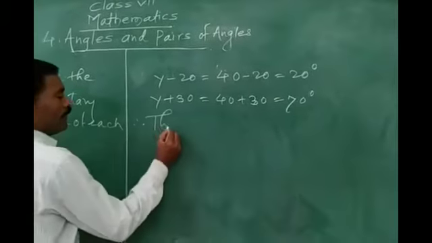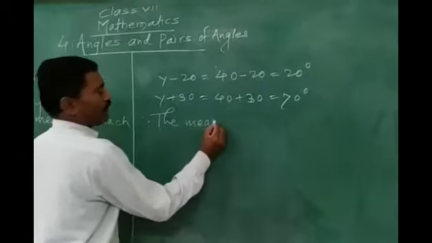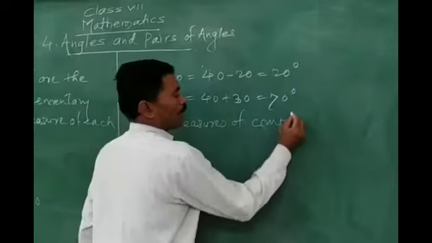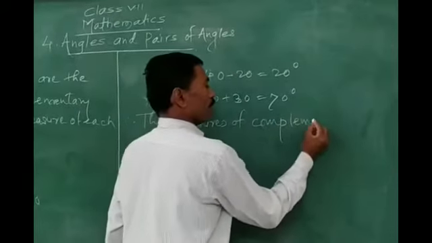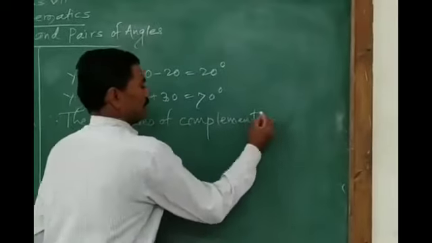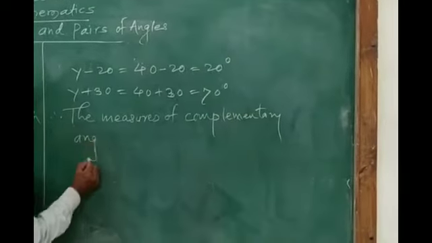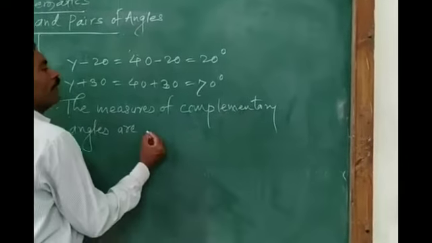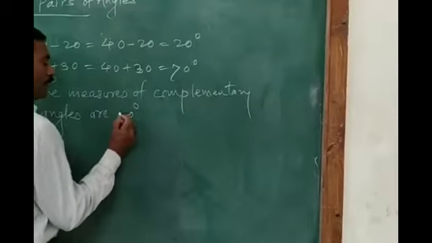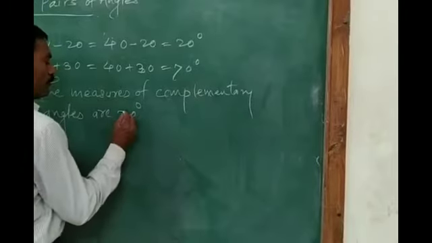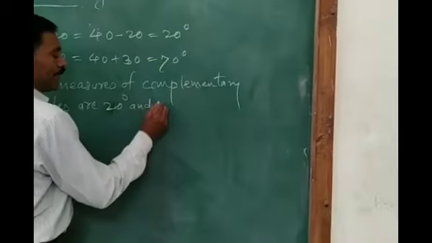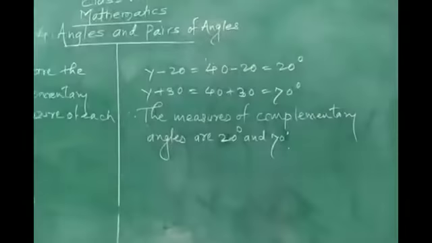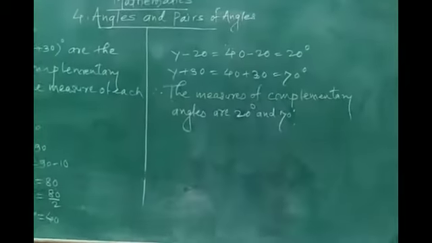Therefore, the measures of the complementary angles are 20 degrees and 70 degrees. In this way, you can solve the second question.